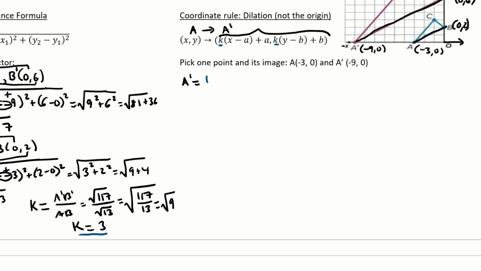Okay, so we got K, X minus A plus A, and of course that's the parentheses. And then we got K again. Then we got Y minus B plus B.